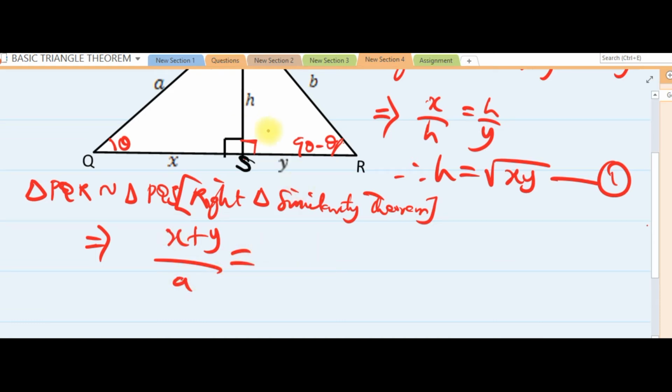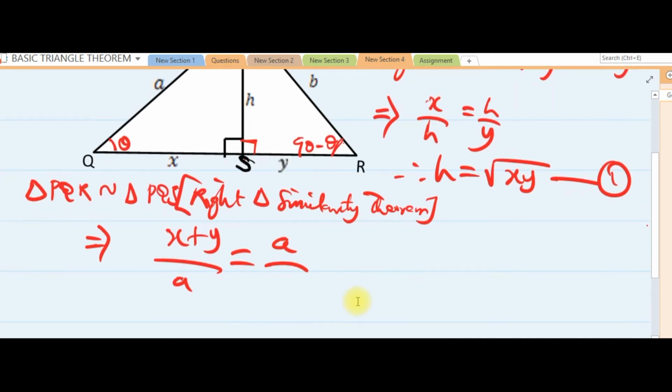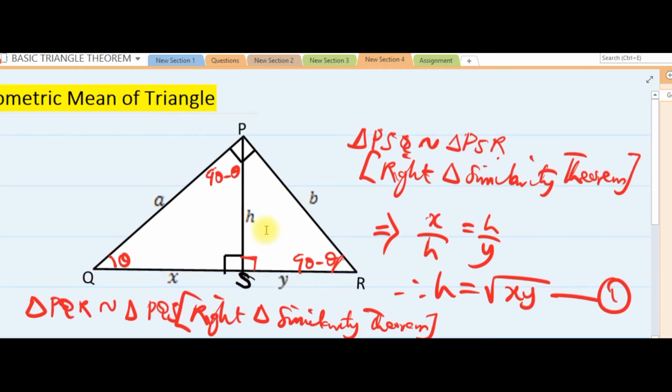A corresponds to x. Check it, the bigger triangle. The hypotenuse x plus y corresponds to a.